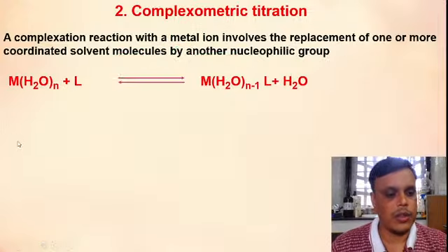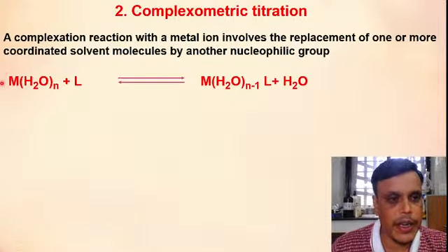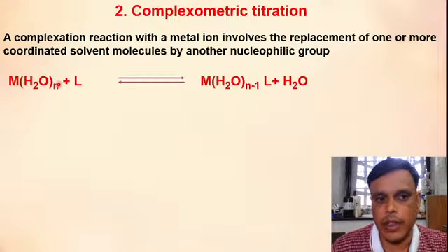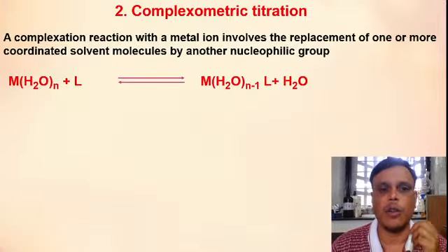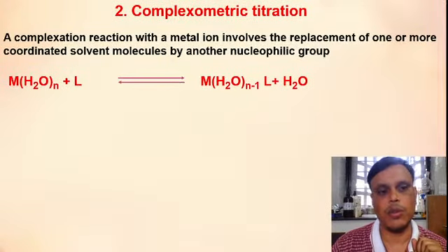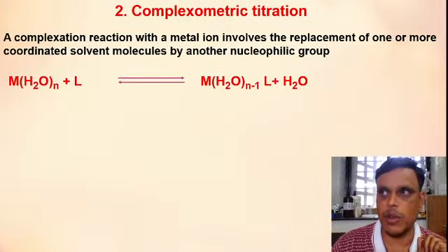ठीक है, क्या है? So this is your metal ion. M indicates metal, and this H2O is water molecule, n number of water molecules. This number n depends upon the coordination number of that complex. If the coordination number is 4, then n equals 4. If the coordination number is 3, then n equals 3. If the coordination number of that complex is 6, then n equals 6.